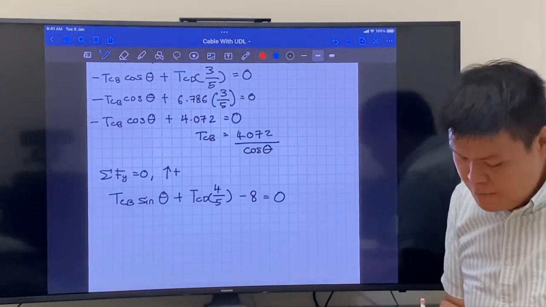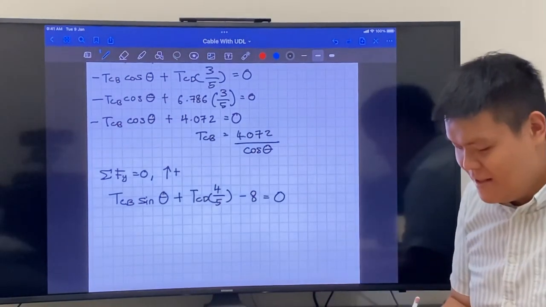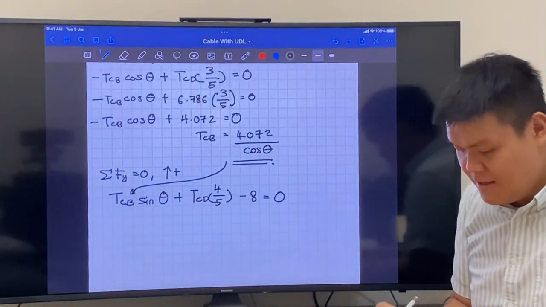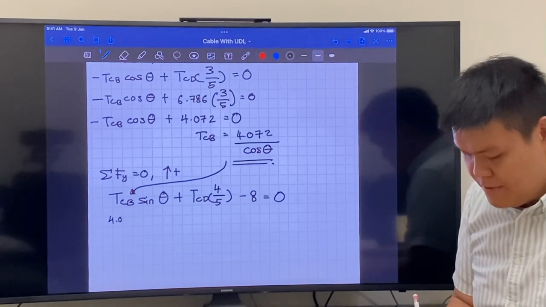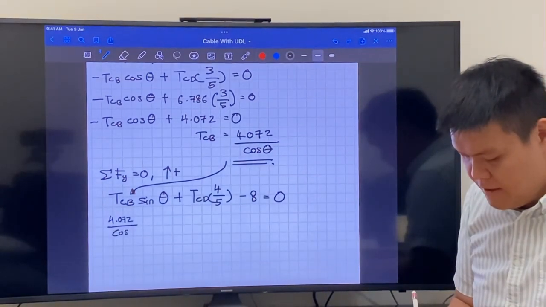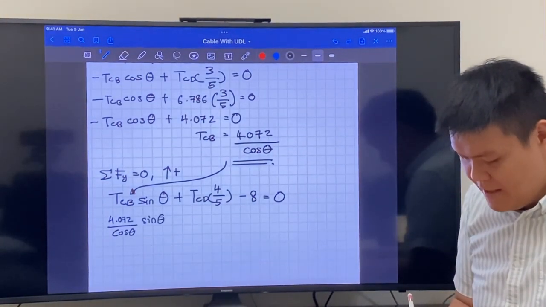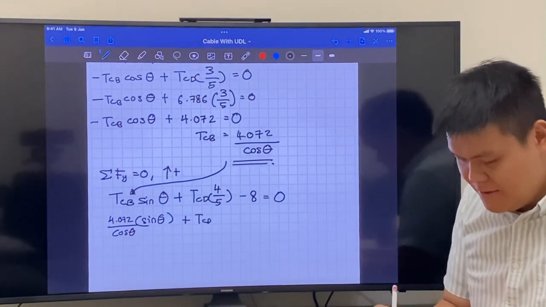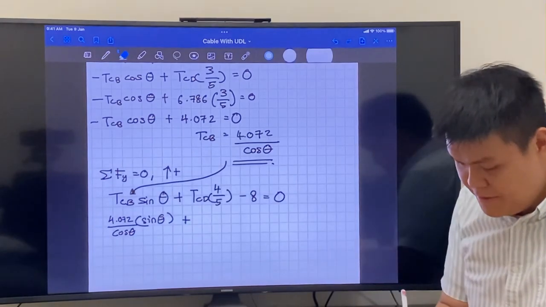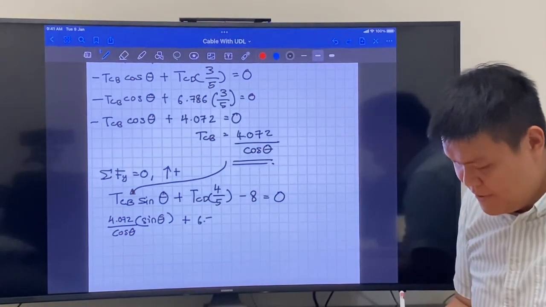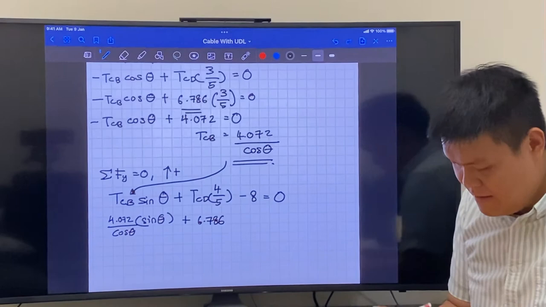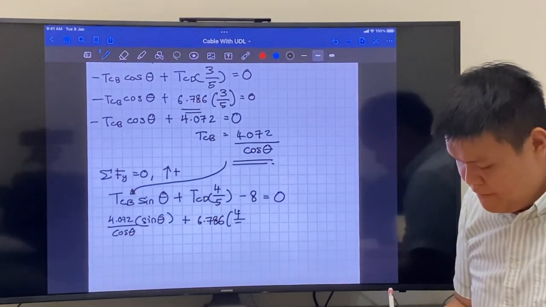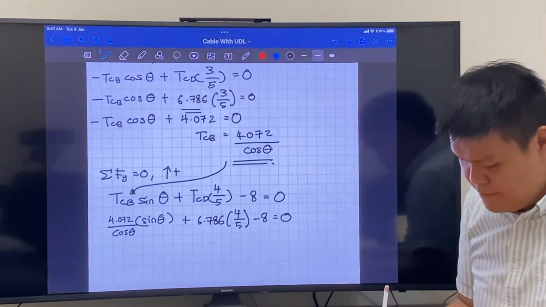Now let's work this out again, but remember TCB is this, so we can substitute it right into here. So 4.072 over cosine theta multiplied by sine theta plus TCD. Remember, we already know what TCD is, 6.786, from here, multiplied by 4 over 5 minus 8 equals 0.